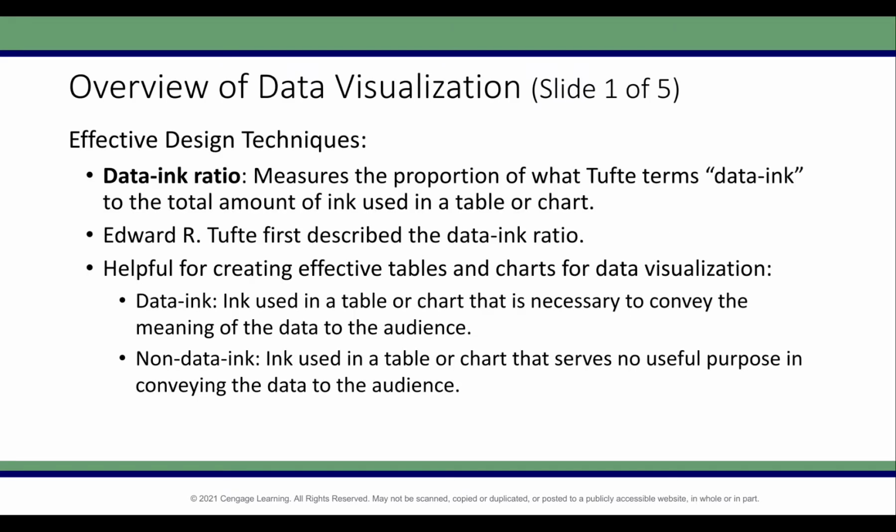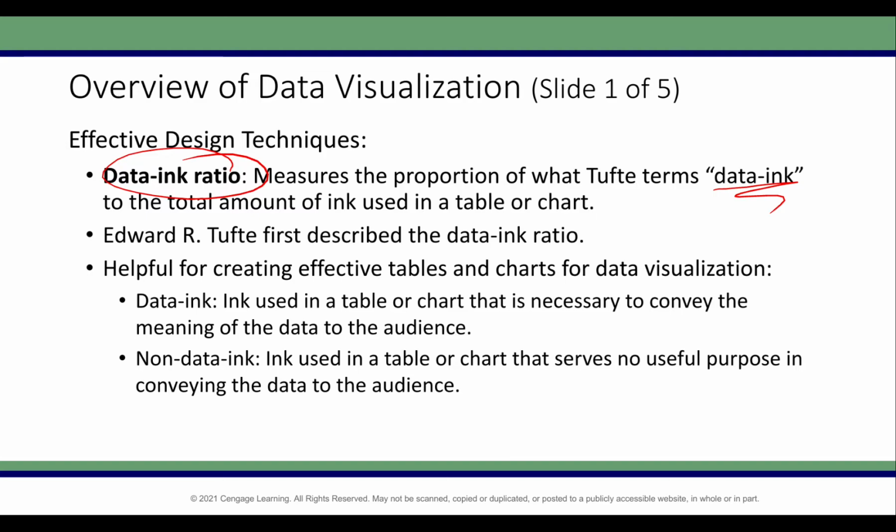So let's take a look at the overview of data visualization. The term data ink ratio is an important term. It measures the proportion of what Mr. Tufte terms as data ink to the total amount of ink used in a table or chart. So what this basically means is that we are representing our data by using ink, right?